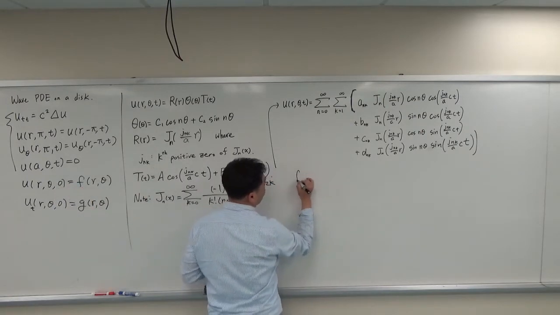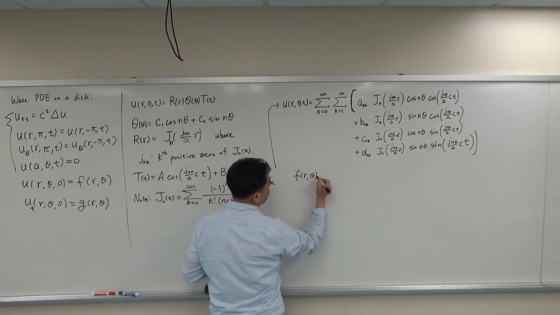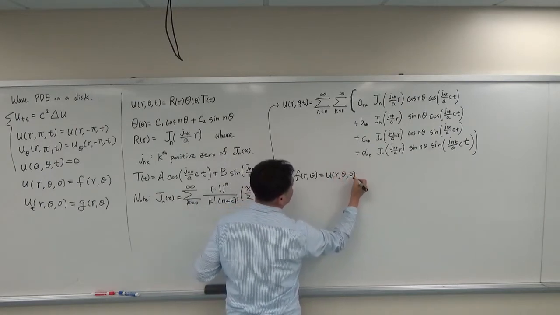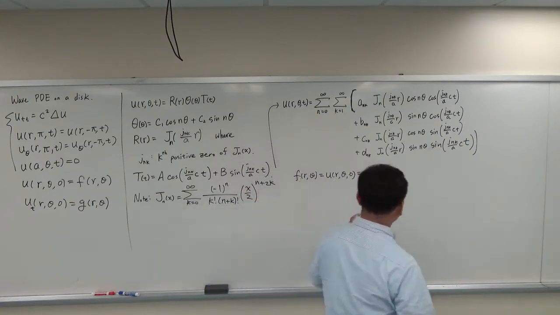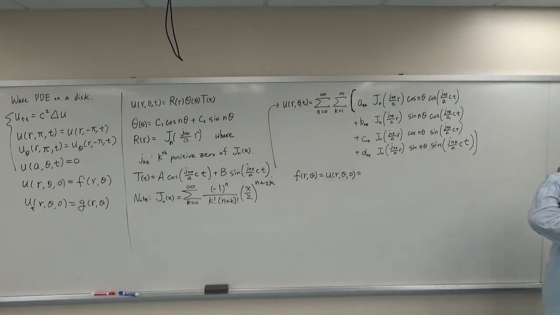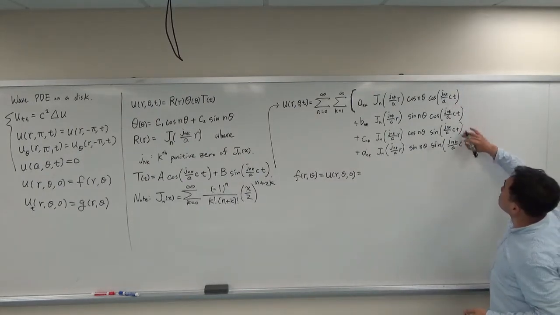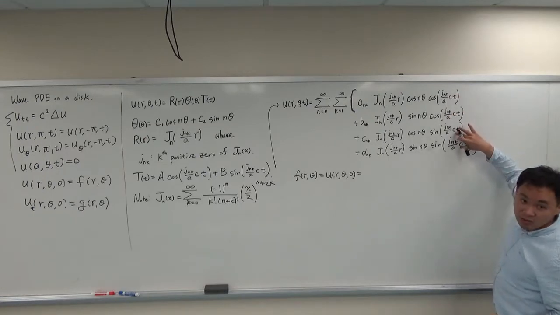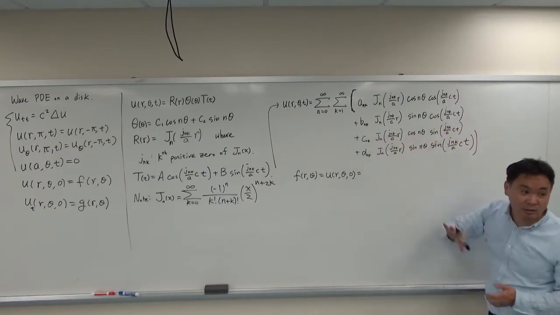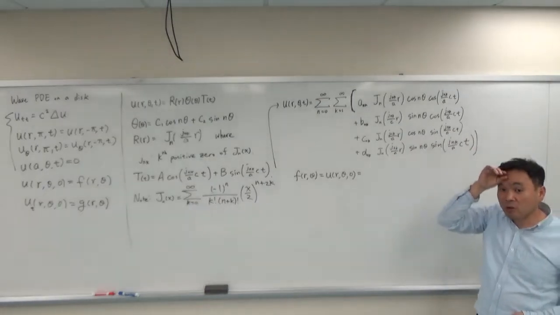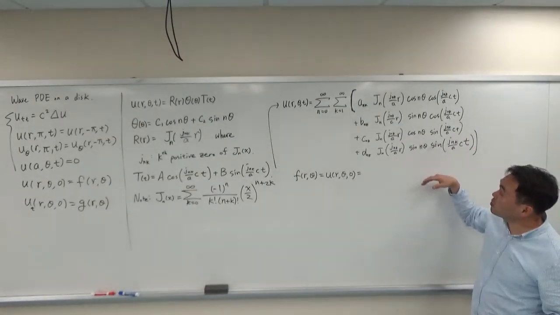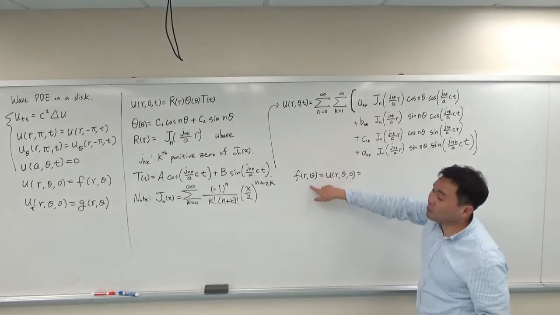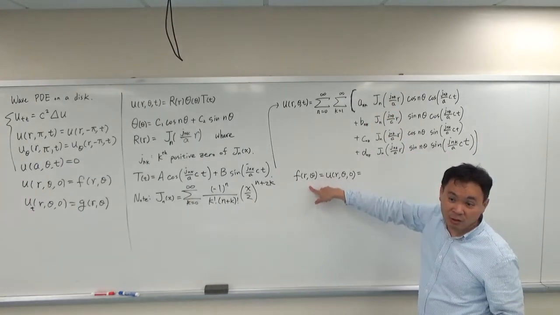You get f(r, theta) equals u(r, theta, 0). Immediately, because t is 0, these are 1s, whereas this one will be 0. So these go away. What that tells us is that you can only figure out the A_nk's and B_nk's from f(r, theta).